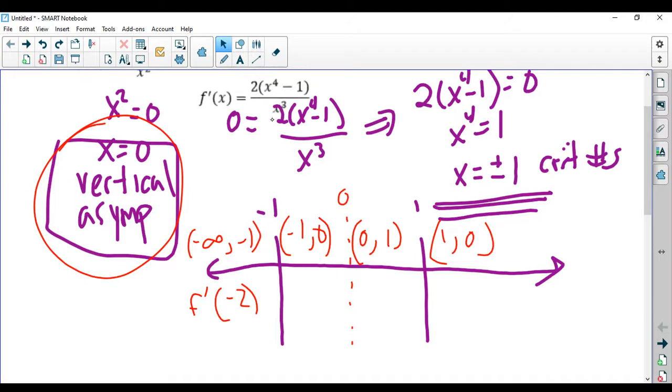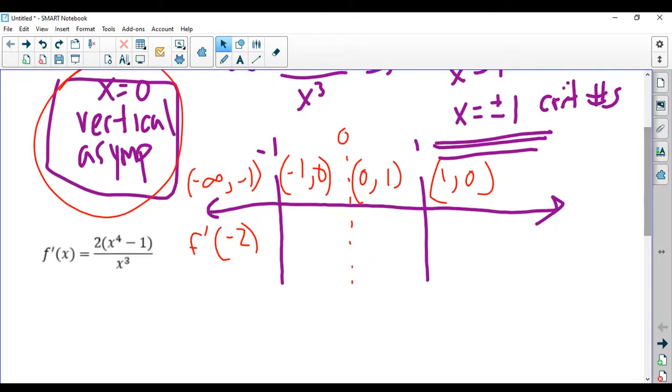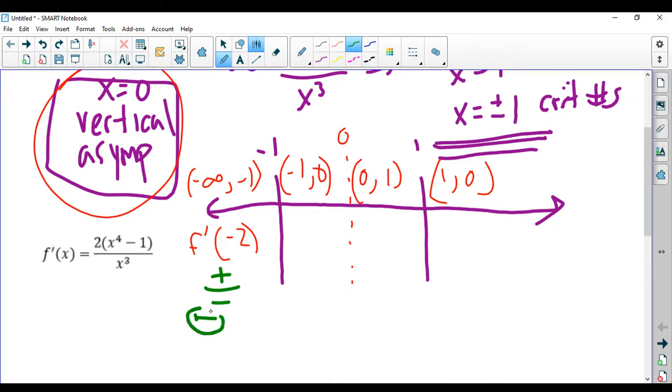My derivative is right here. So when you plug in negative 2 to the derivative, you'll get a positive number on top because 8 minus 1 is positive. And you'll get a negative number on the bottom because negative 2 cubed is negative. So you get a positive divided by a negative, which is a negative, which means we're decreasing here.